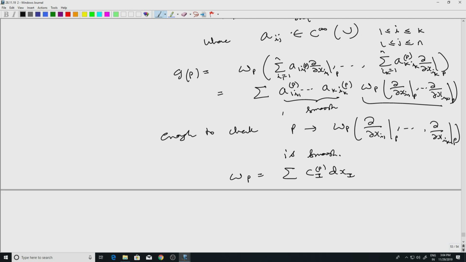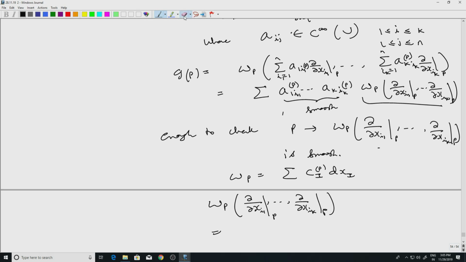Notation becomes a bit messy. But if I plug in these coordinate vector fields, del by del x I1, ..., del by del x Ik at p, as in the previous step, I'll end up evaluating dxj on all these things.